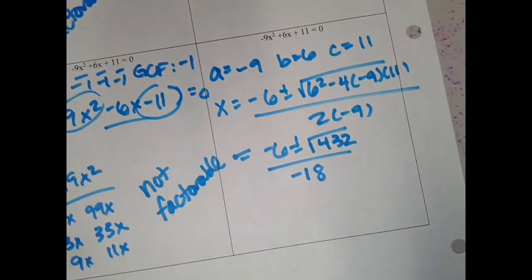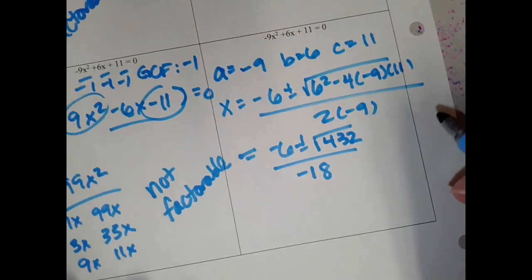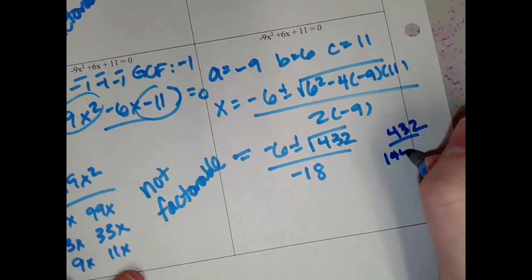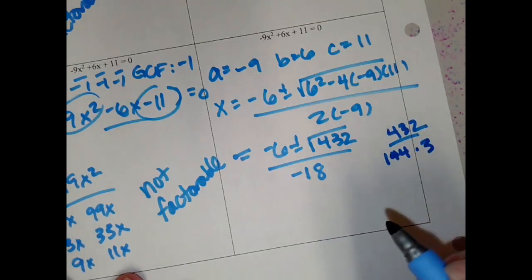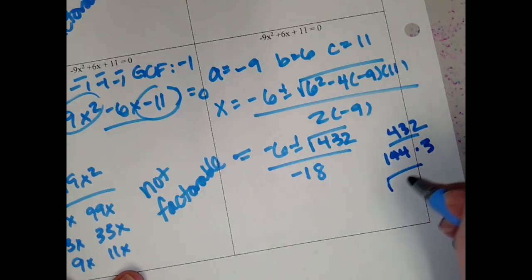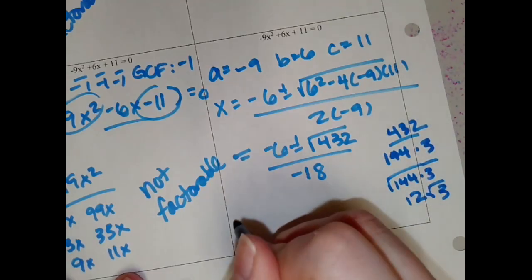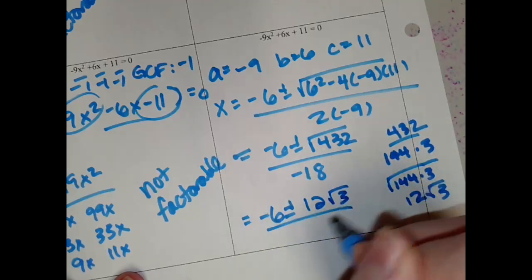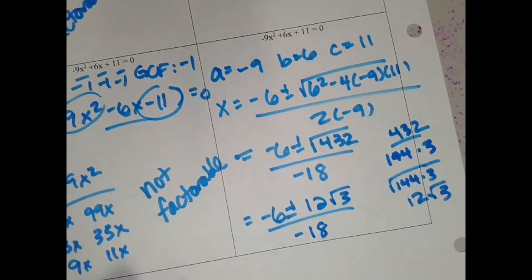Now, 432 has multiple perfect squares in its list of factors. Just so you know, the biggest perfect square is going to be 144. So the square root of 144 is 12. The square root of 3 doesn't simplify. That gives me negative 6 plus or minus 12 root 3 over negative 18.